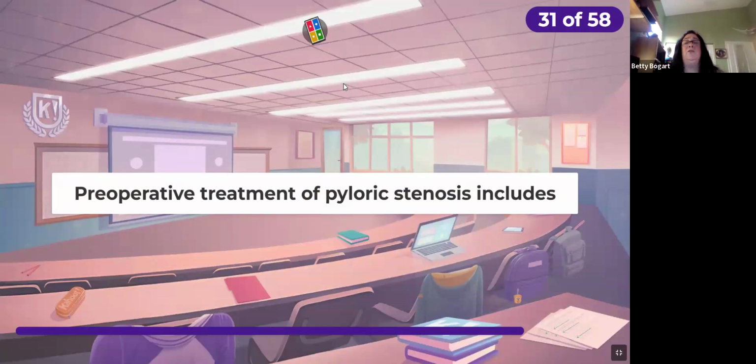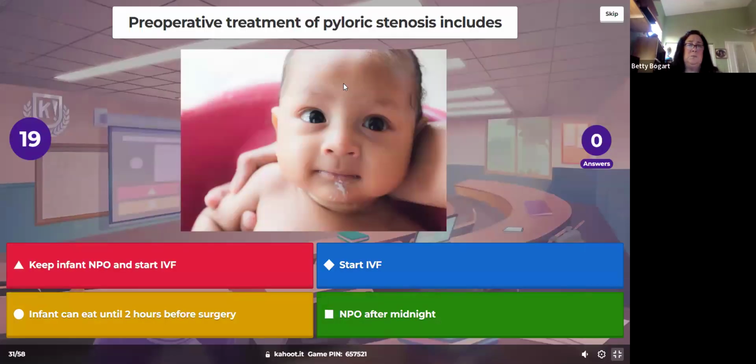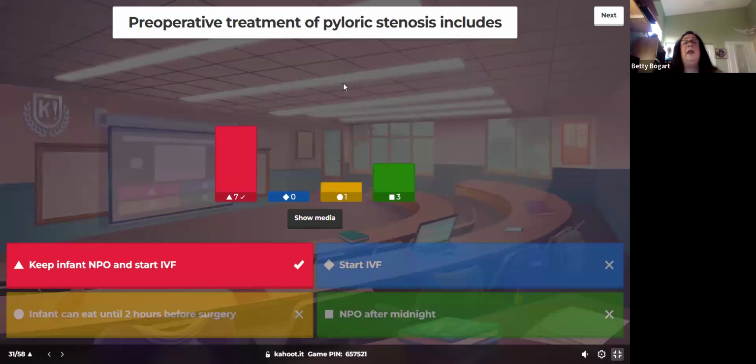Preoperative treatment of pyloric stenosis includes. So pyloric stenosis, NPO, IV fluids.